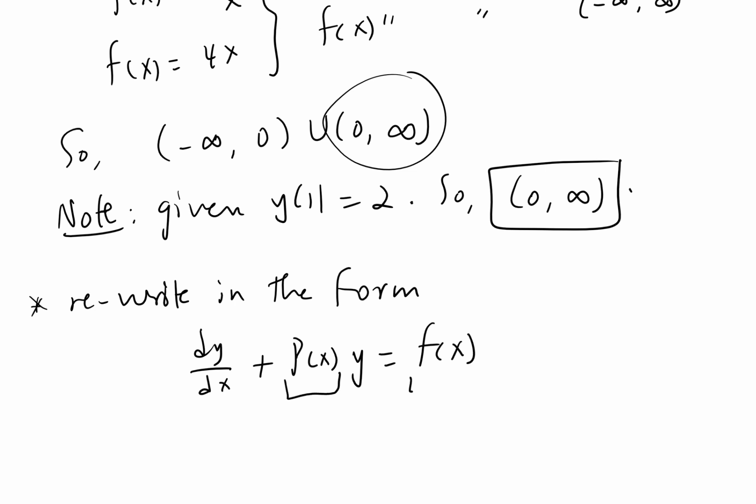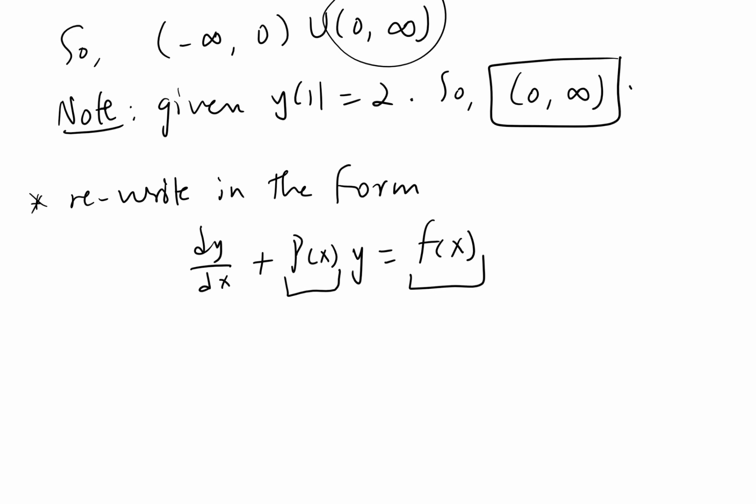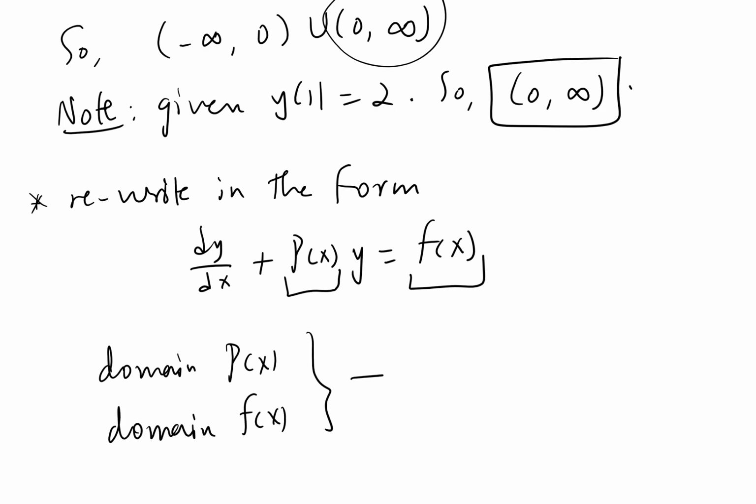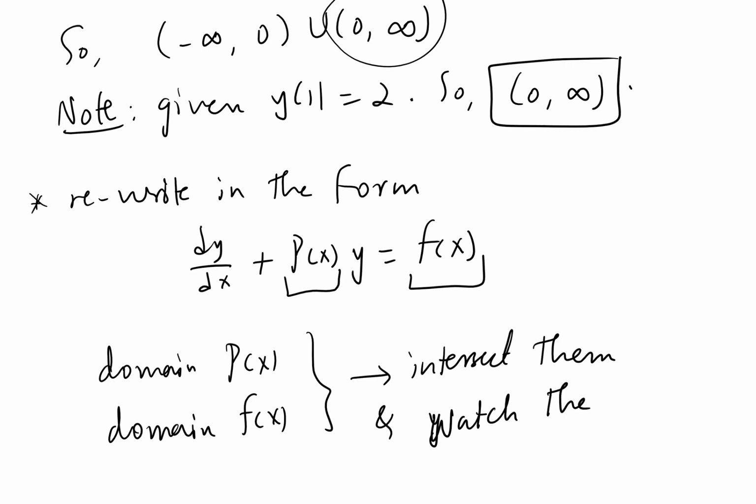Find the domain of p of x and the domain of f of x, and intersect them, and watch for the given condition. From there you can get the interval where the given differential equation has a unique solution.